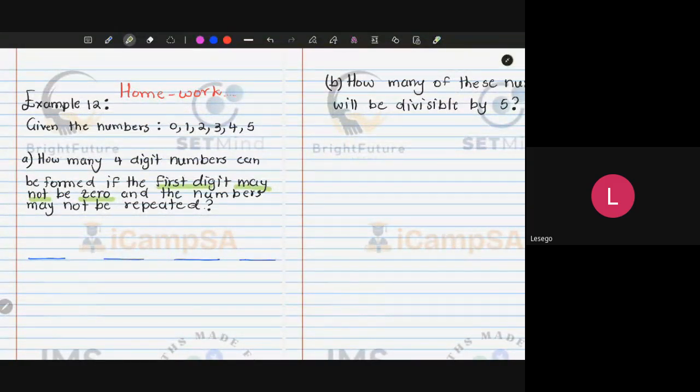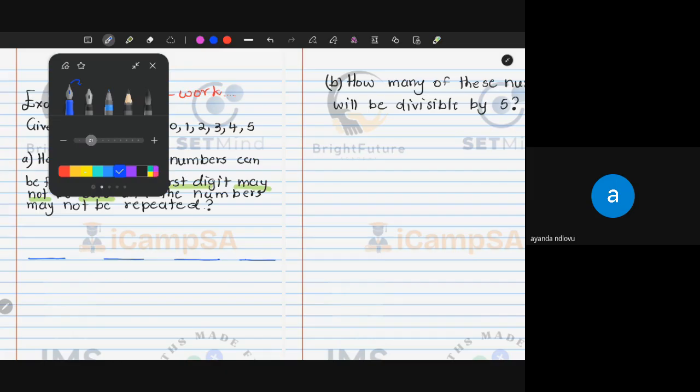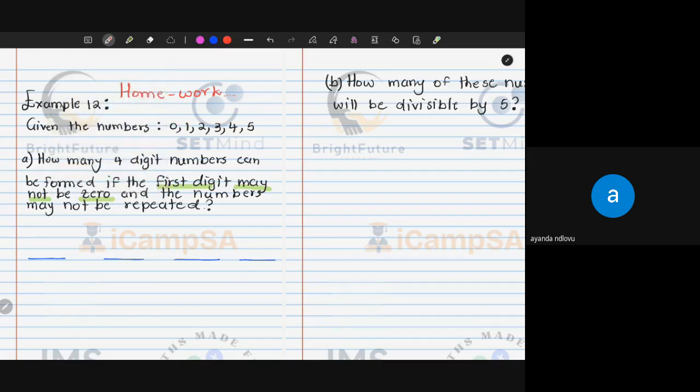So if the first digit may not be 0, how many options do I have for the first digit? 5. So I have 5, because if you look carefully, in total I have 6 numbers. I have 6 options in total.